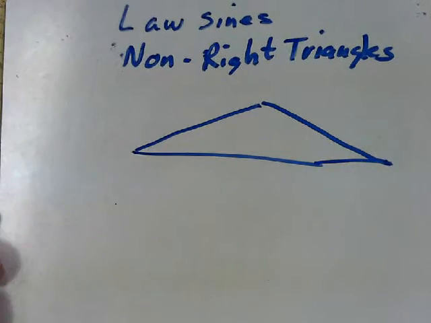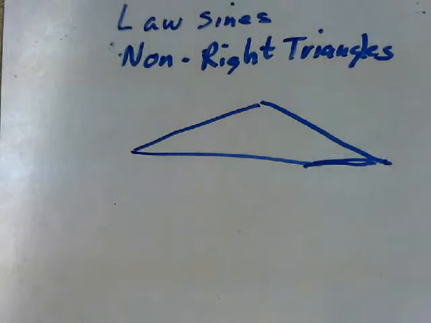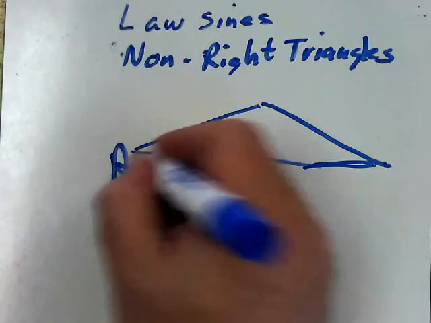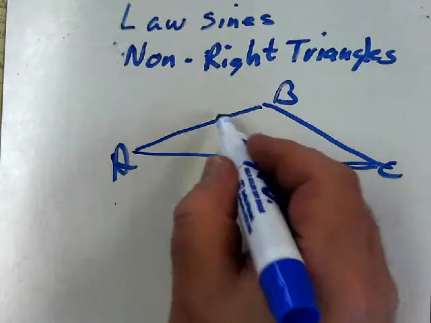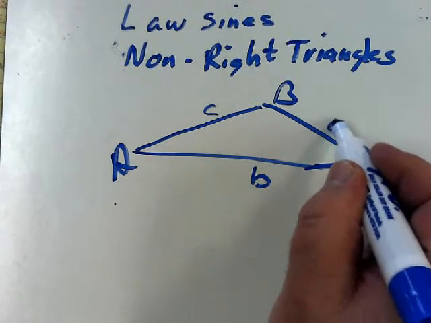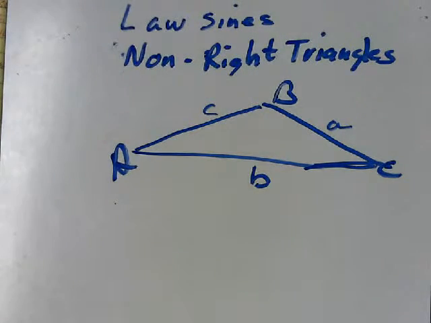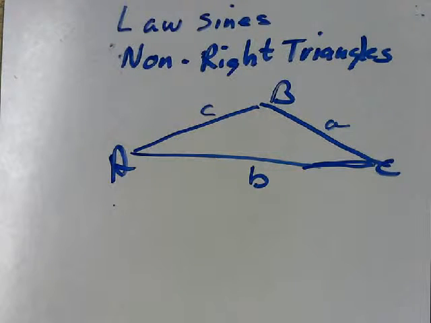Similar to this one. Do you see a right angle any place in there? No. Okay? I'm going to label them, which means this is side B, this is side C, this is side A. There's a unique thing that happens whenever you have a non-right triangle, and it's called the law of sines. There is a relationship between an angle and the side opposite.